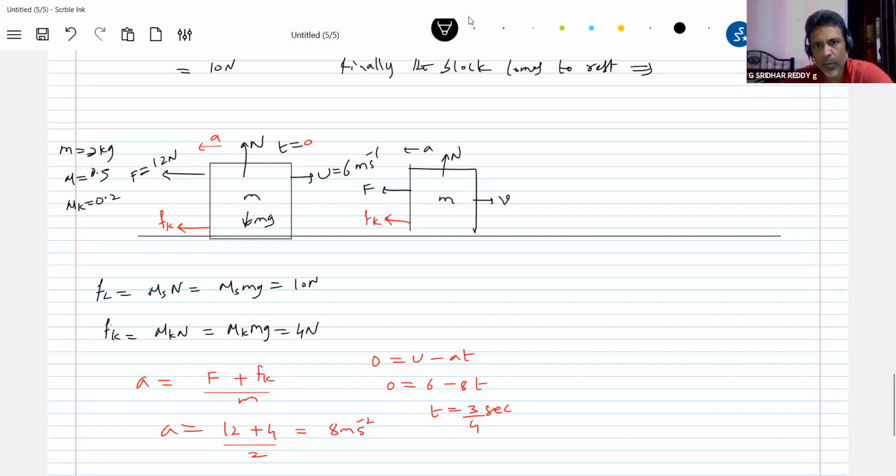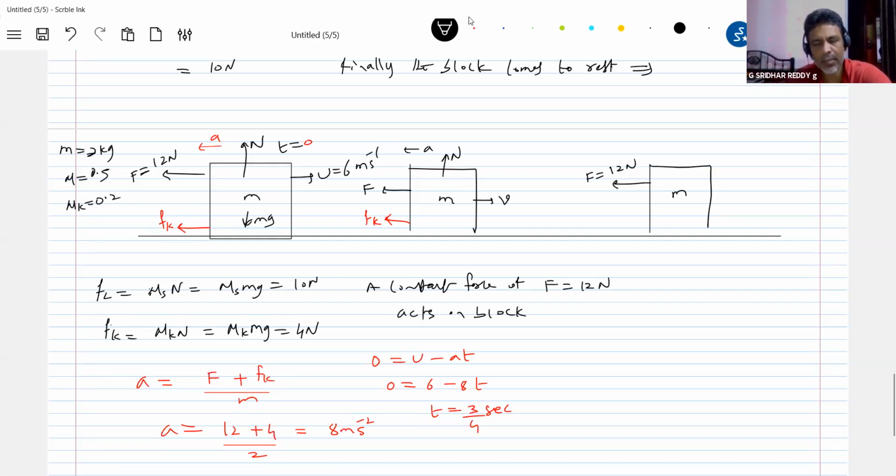Then the moment the block comes to rest, tell me what conditions will arise. Applied force, a constant force of F equal to 12 Newton acts on the block.